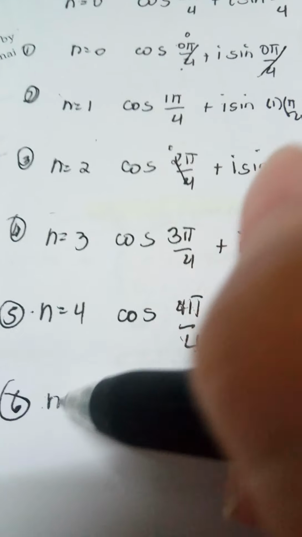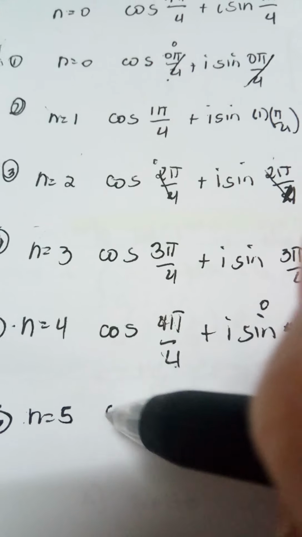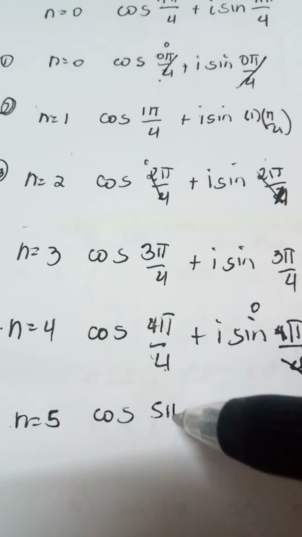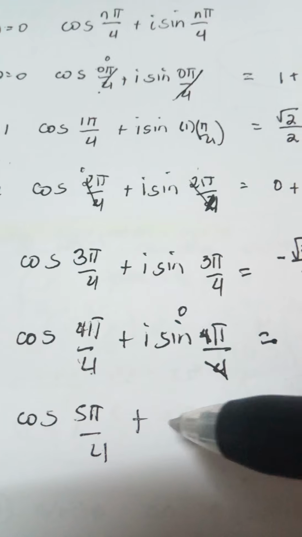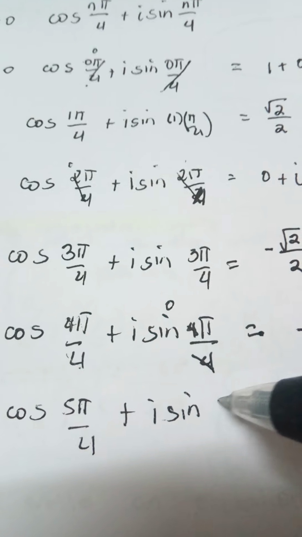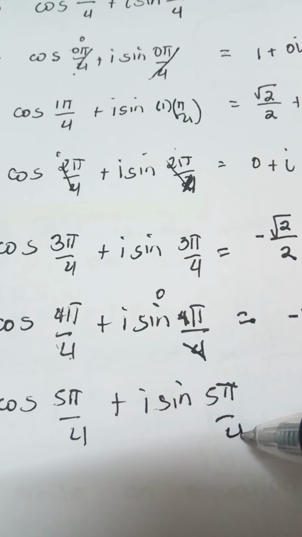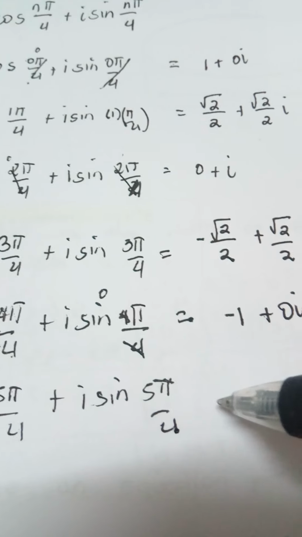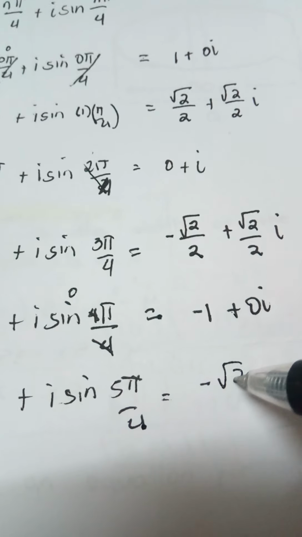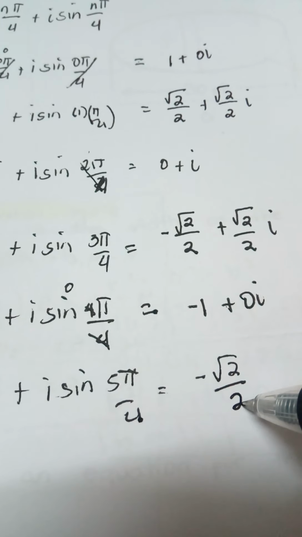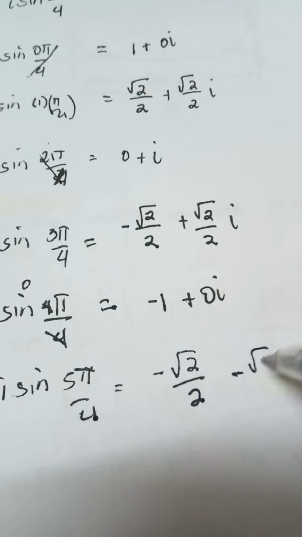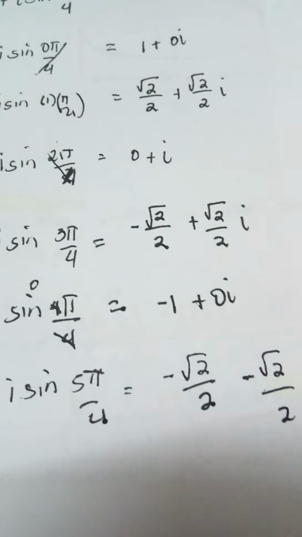And then number 6, the sixth root, when n is equal to 5. Cosine 5 pi over 4 plus i sine 5 pi over 4. The answer is negative the square root of 2 over 2 minus the square root of 2 over 2 i.